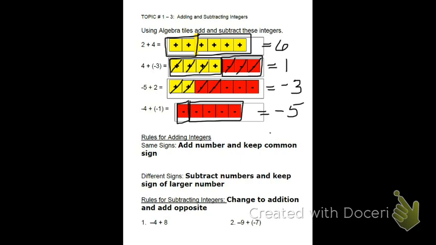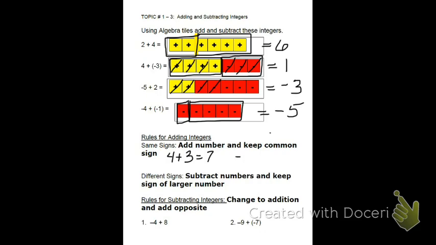Sometimes this gets confusing for students, so just bear with a couple of examples if you're still struggling with adding and subtracting integers. If you have two numbers that have the same sign, like 4 plus 3, those would be considered two of the same sign, so that would be 7.